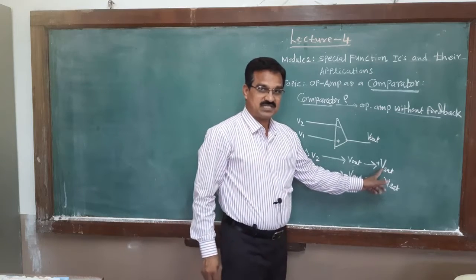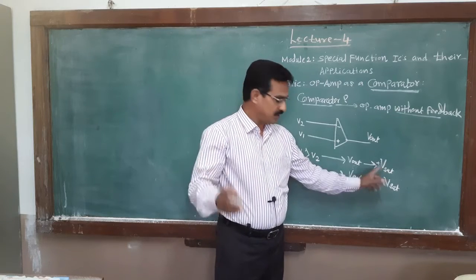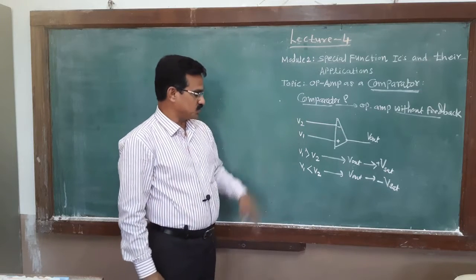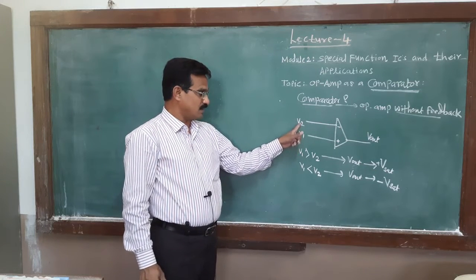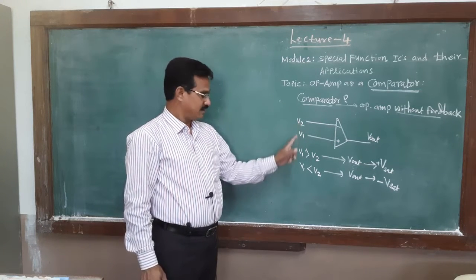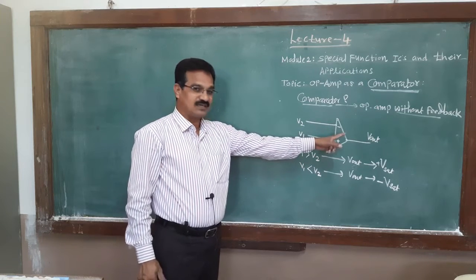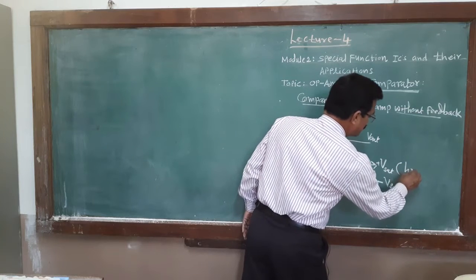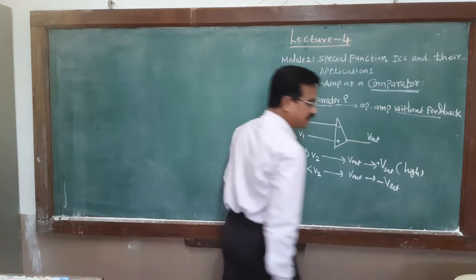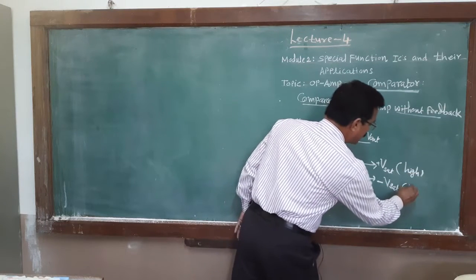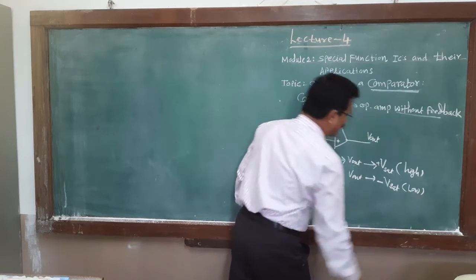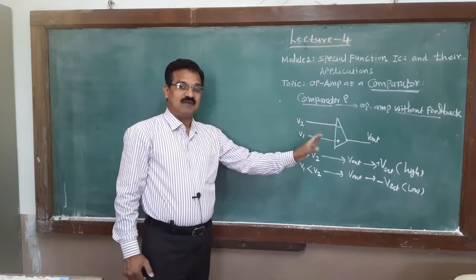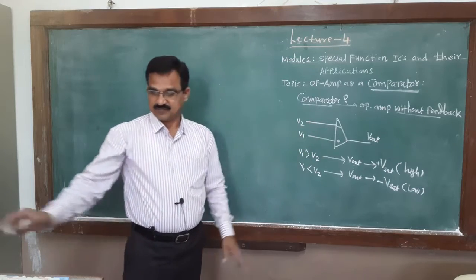Positive saturation means plus 13 volt, negative saturation means minus 13 volt, depending upon these two. If this value is large as compared to this, the output is at positive saturation, which we may call output high, and negative saturation we may call output low. Remember this concept for the operational amplifier as a comparator.